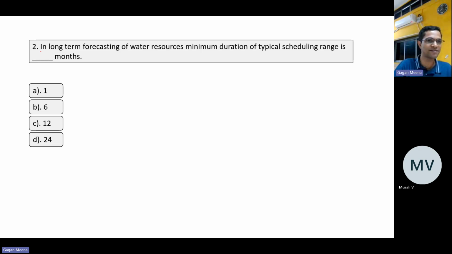Short term is hourly scheduling basis. Long term is more than 1 year, because we need to consider multiple seasons. All the seasons we need to take into account. So minimum it is 1 year, 12 months.